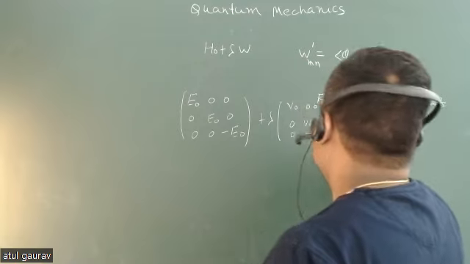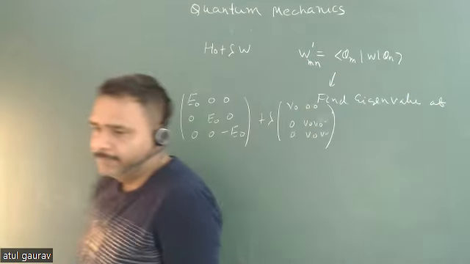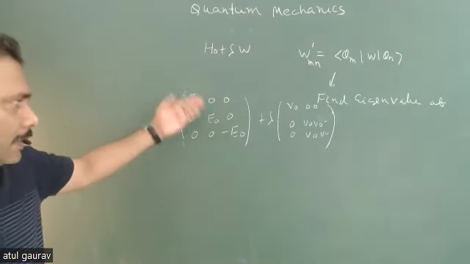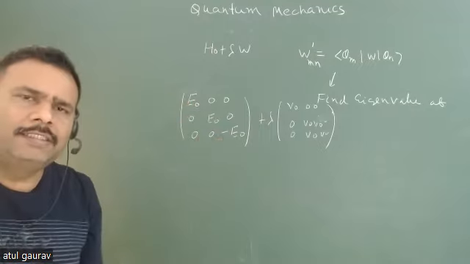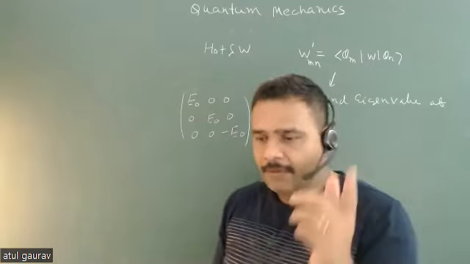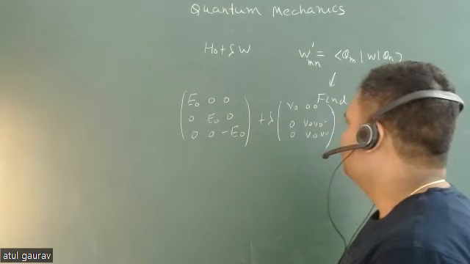Suppose you have this particular potential. How will you go about this? There is a combination of degenerate as well as non-degenerate. For the non-degenerate, you use non-degenerate perturbation. But for the degenerate, you have to do a little bit of manipulation.